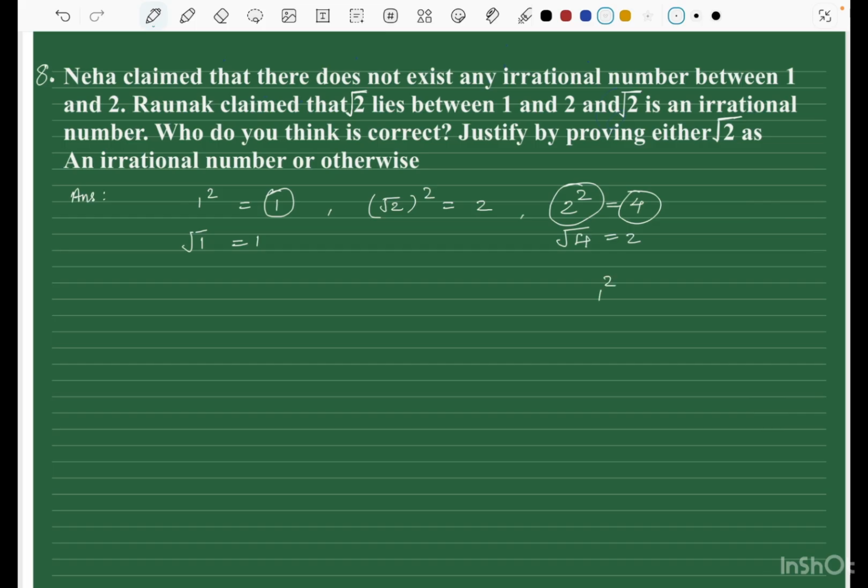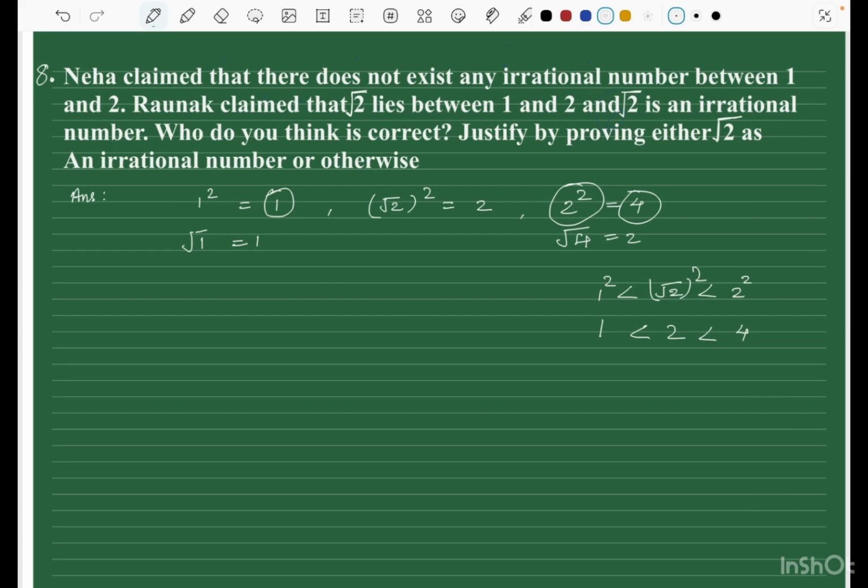So 1 square is equal to 1 and 2 square is equal to 4, and root 2 all square is equal to 2, which is 1 less than 2 less than 4.